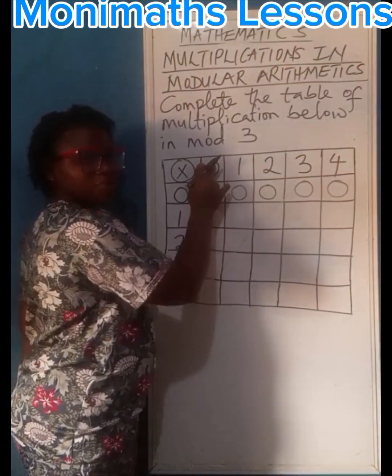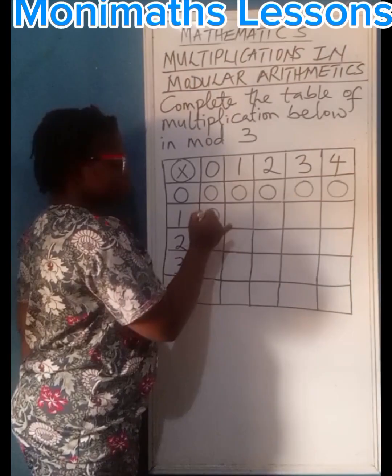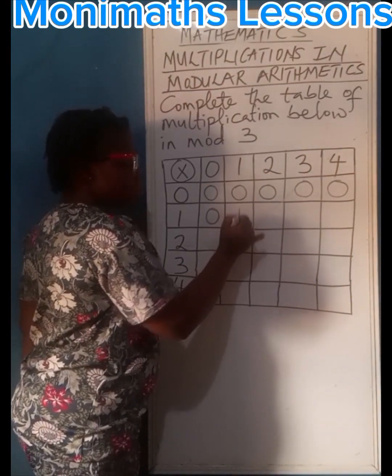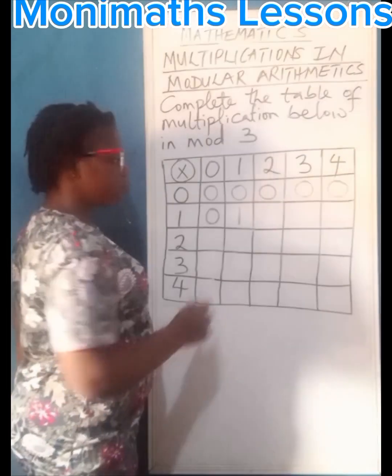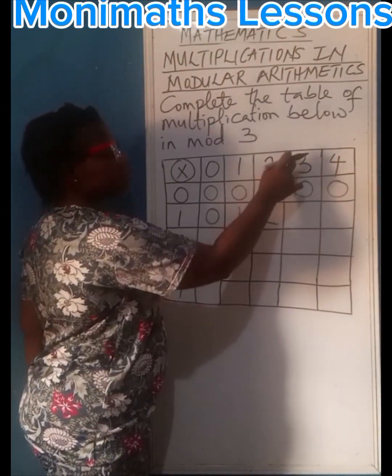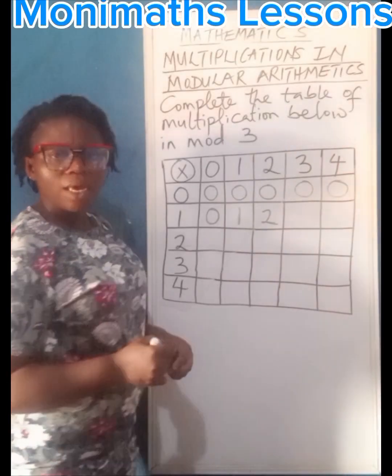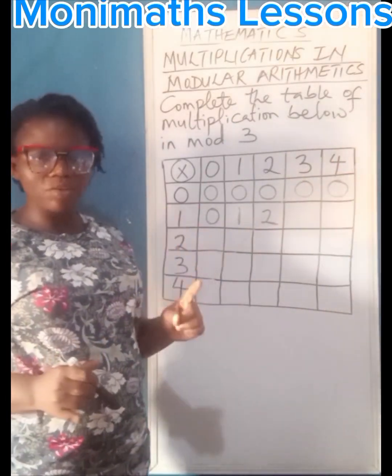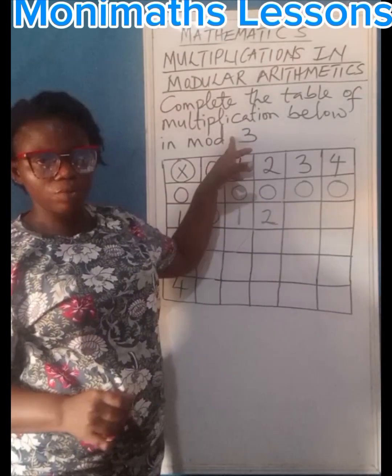1 times 0 is 0. 1 times 1 is 1. 1 times 2 is 2. So I'll write 2. It's within the range. 1 times 3 is 3. In modulo 3, I should not have any digit equal to the modulo or more.